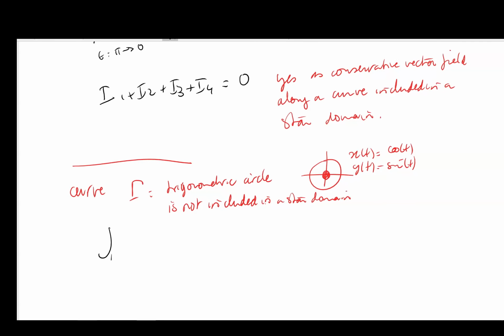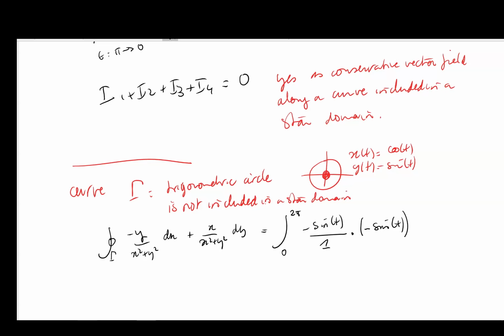So the integral on gamma, and I can add that little circle because this is a closed curve, of minus y over x squared plus y squared dx plus x over x squared plus y squared dy is given by, since I'm doing the complete circle, the integral from 0 to 2 pi of minus sine of t, divided by x squared plus y squared, that's just going to be 1, times x prime, which is minus sine of t.